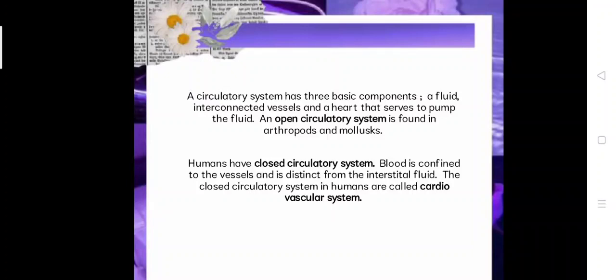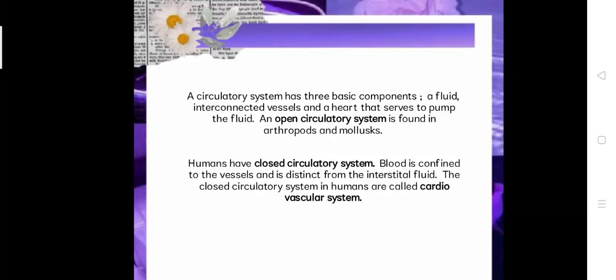So, there are two types of circulatory system, the open and closed circulatory system. So, pagkakaiba lang ng dalawa is on the mode of transporting blood in the body of an animal. Sa open circulatory system, the blood is not confined within blood vessels. The blood bathes the organs and tissues directly.